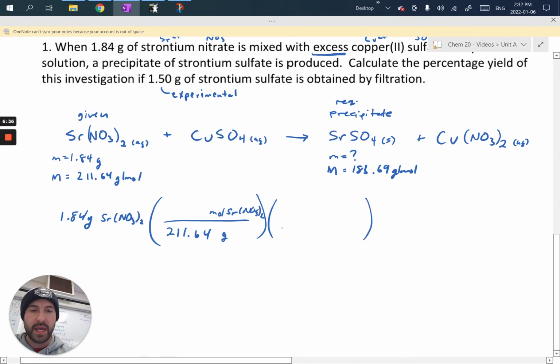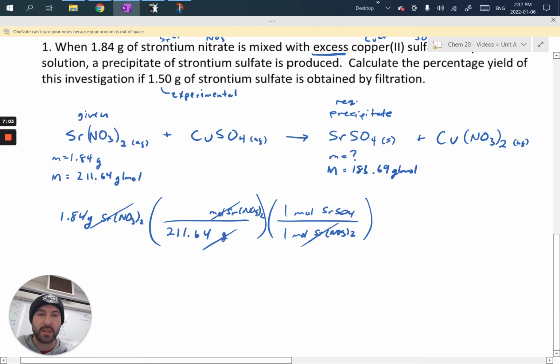Once I get that, now I can use my molar ratio. And some of you guys are at the point where you can kind of skip this step. It's a 1-to-1 ratio. So, 1 mole of my SrSO4 for every 1 mole of my SrNO3. These cancel, these cancel, these cancel.